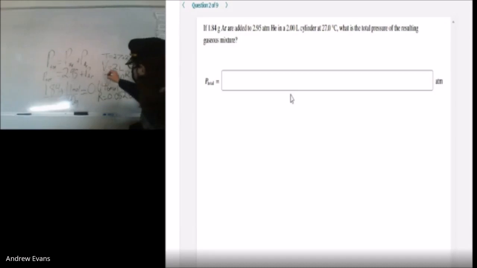So this is equal to 0.566. And I'm going to add that into our original equation. I know it's getting a little messy on the board now, but the pressure of argon is 0.566.